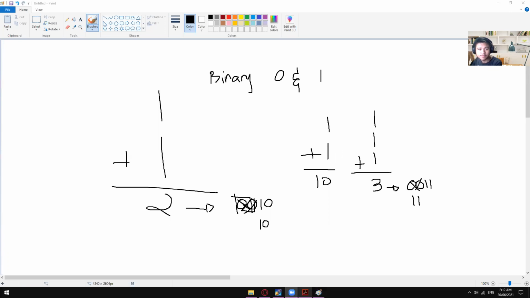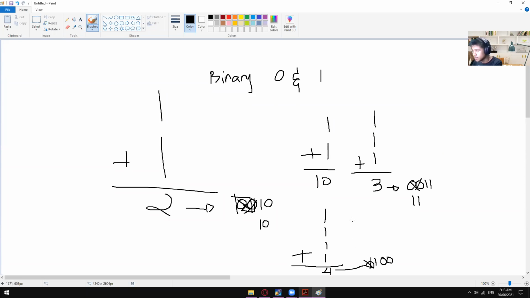Okay. So are you getting now the idea, guys? Okay. So the same concept if we have four ones. Okay. 1, 1, 1, 1. So this one is equal to 4, but in binary, it's 1, 0, 0 or 0, 1, 0, 0.